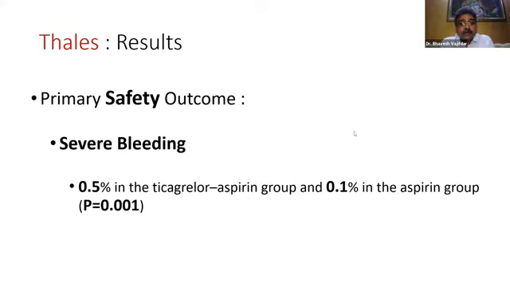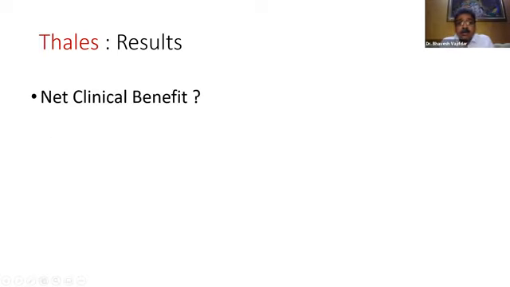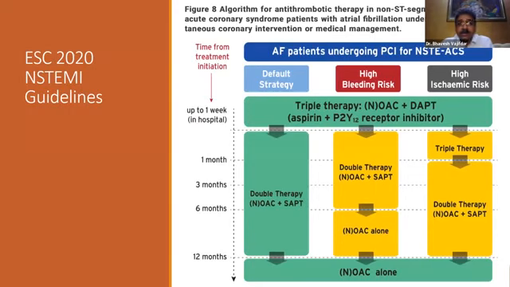The bleeding was high, of course. The p-value was significant. If you add ticagrelor to aspirin, the bleeding was much higher, highly significant. But if you look at the net clinical benefit, it seemed to be in favor of adding ticagrelor. So this is one more recent trial.